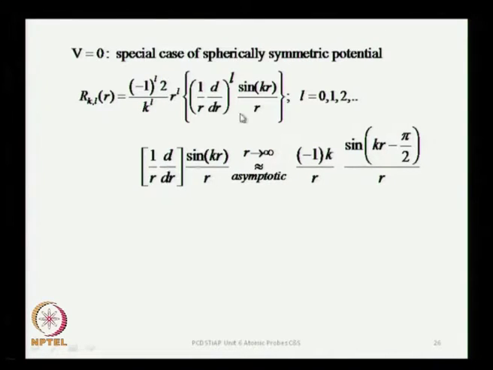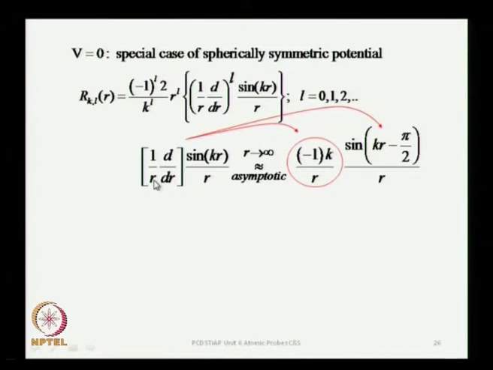Now you need to operate L times, and every time you operate by this operator you get the same function, the sinusoidal function divided by r, but the argument of the sinusoidal function is phase shifted. It is no longer kr as it was for L equal to 0, but it drops by a factor of pi by 2 every time you operate by 1 over r d over dr.